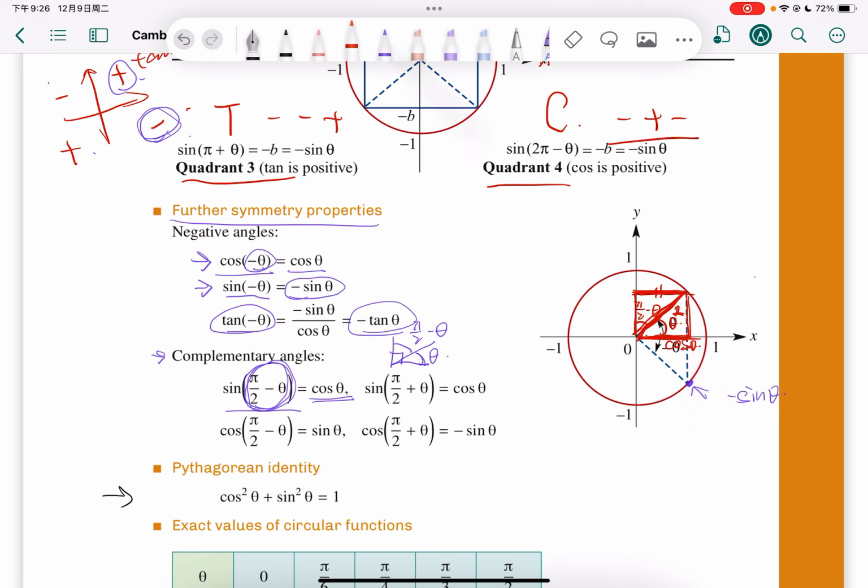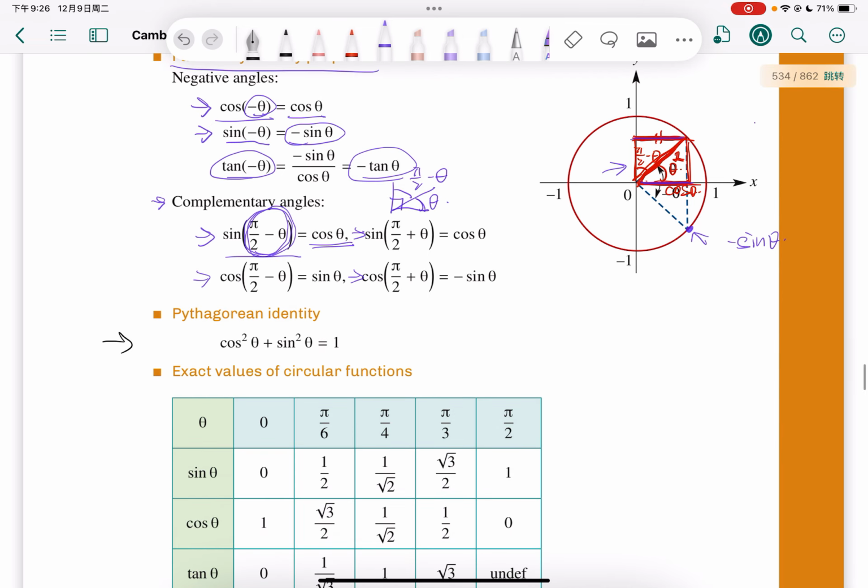They both represent this line. In a rectangle, the upper and lower sides should be the same, so that's why they are the same. And the same goes for other quantities. You can prove it using the graph. And that's about complementary angles.